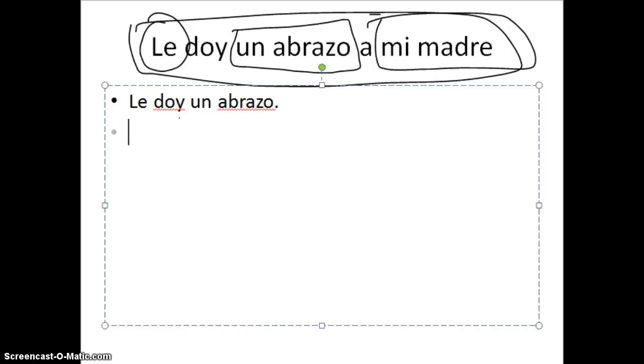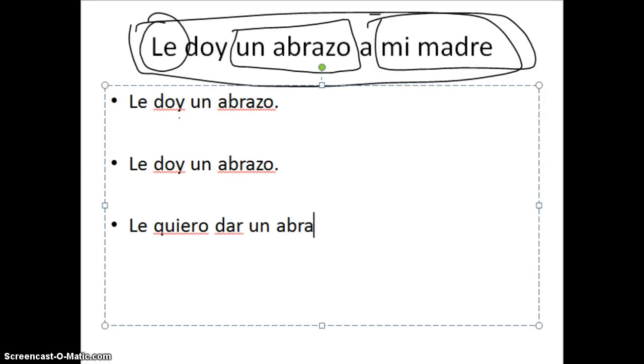So, let's go over our rules real quick on where we can put our indirect object. The rules are very similar, actually they're the same as the direct object pronouns. Alright, so we can put le doy un abrazo, or if we have a verb in the infinitive, if we say I want to give a hug to her, I could say le quiero dar un abrazo, or I could say quiero darle un abrazo.